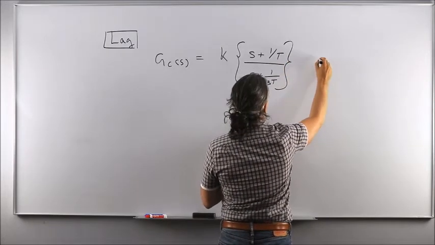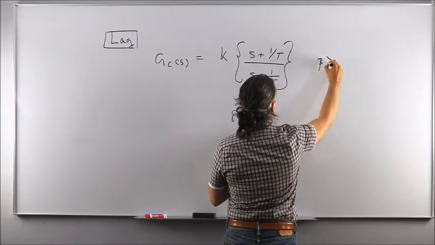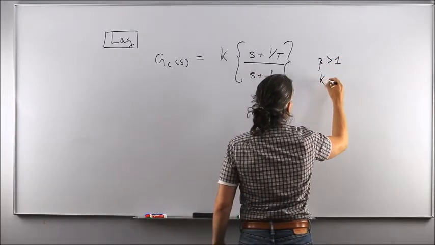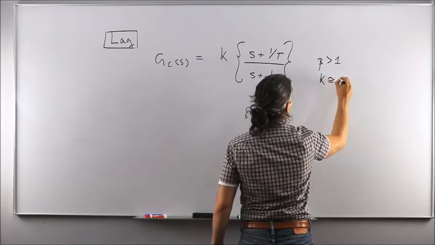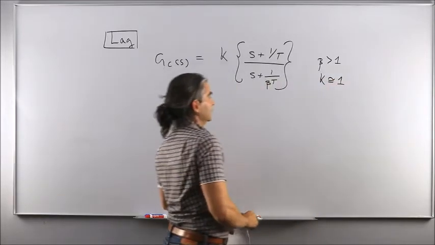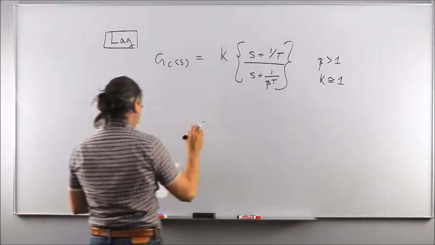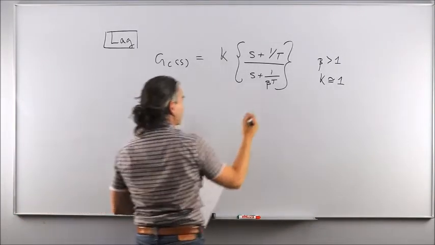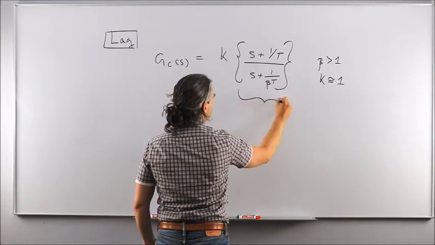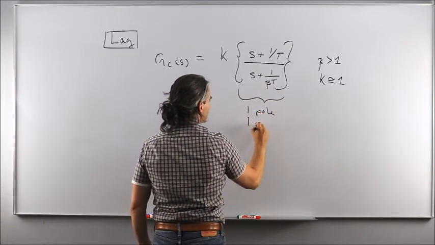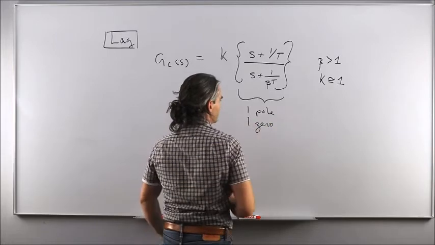And that is for beta larger than 1. And this one is going to surprise you, K will be approximately equal to 1. All right. So what it's going to do is that we're going to add, similarly than before, 1 extra pole and 1 extra zero to the complex plane.